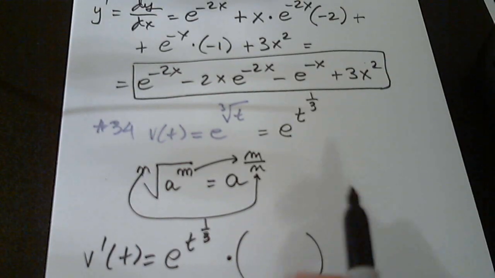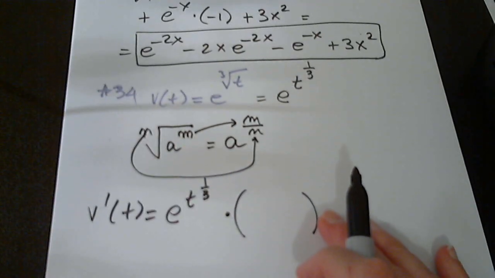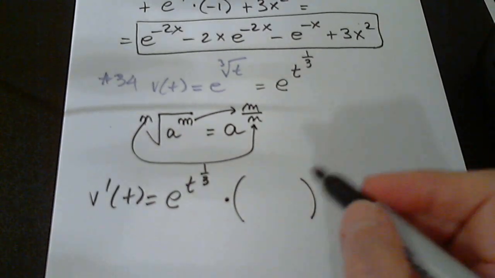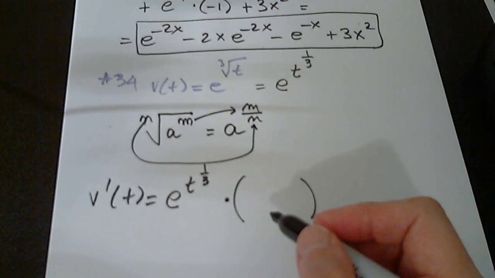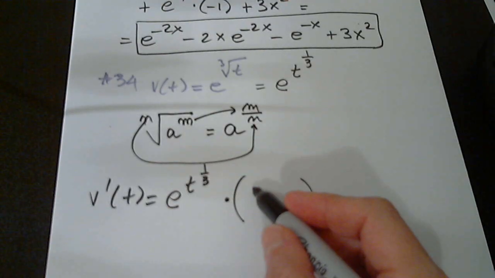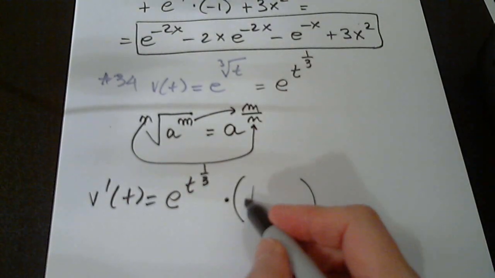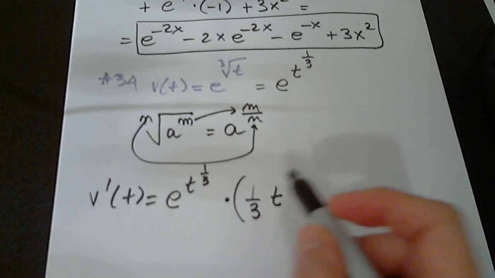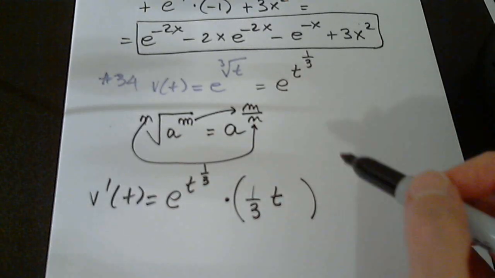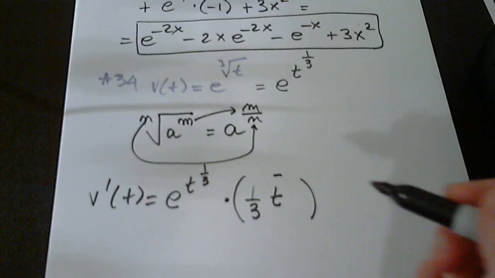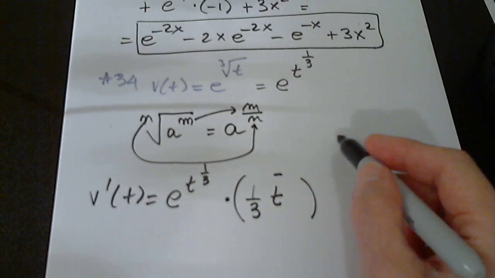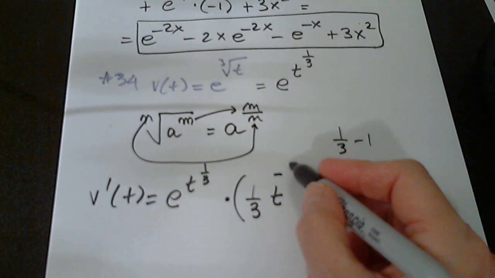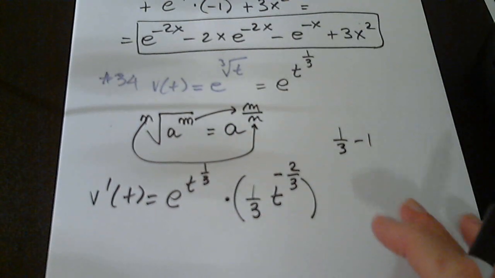Anyone wants to try, please? We bring down the power 1/3 and we subtract 1 from the power. Negative 2/3? Exactly. This is it.